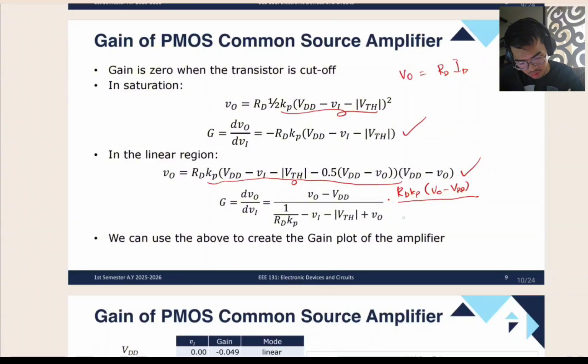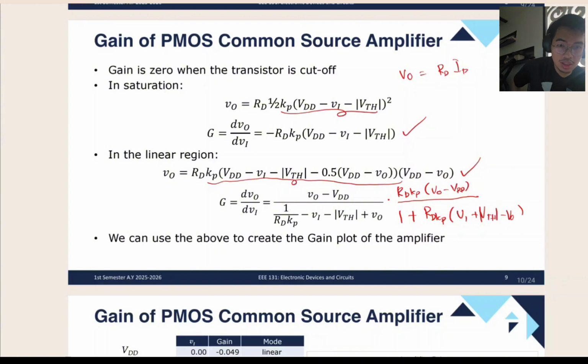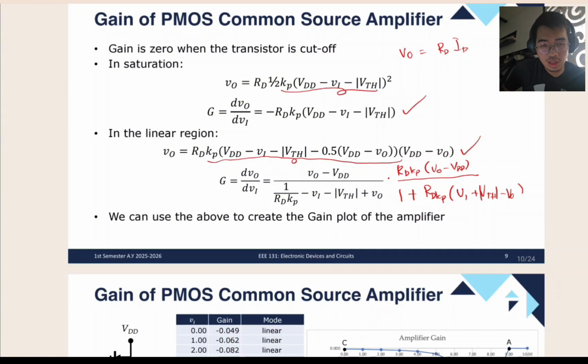Then we have here 1 minus RDKP, and then may negative tayo dito, so ilabas na lang natin yung negative, so we get VI plus VTH minus VO. Okay, so it's somehow similar to the NMOS counterpart.